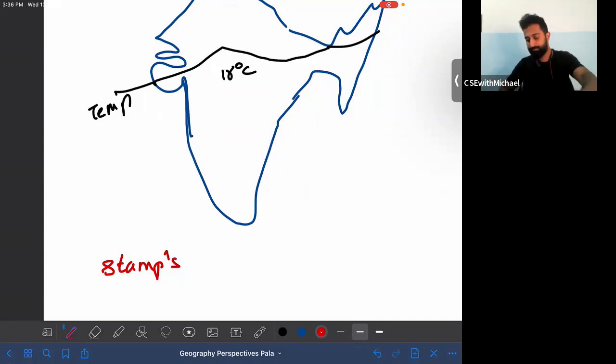Stamp used the 18 degrees Celsius isotherm of mean monthly temperature for January to divide the country into two broad climatic regions.